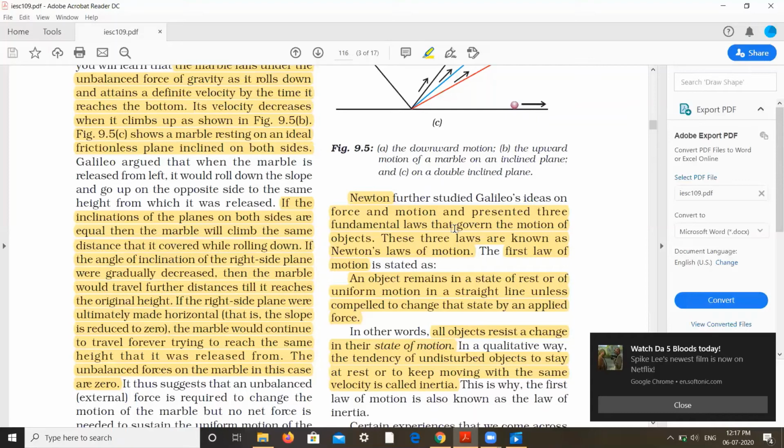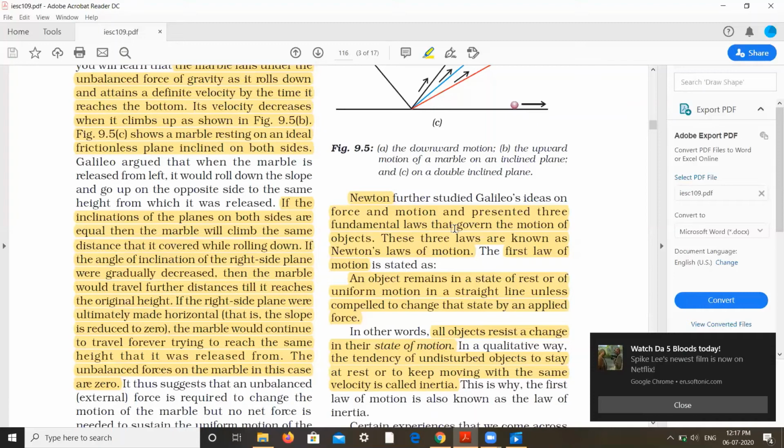In simple words, if an object is moving, it remains in the same condition, or if it is at rest, it remains at rest in a straight line unless compelled to change its state by an applied force. It means the object will remain in its present state of motion, whether in motion or at rest, until an external force is applied on it.